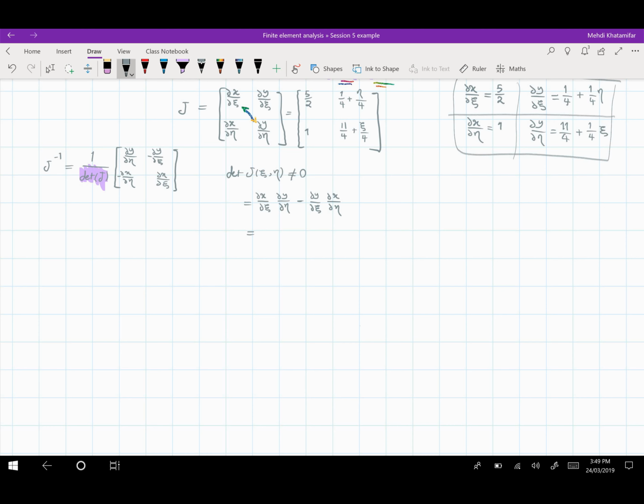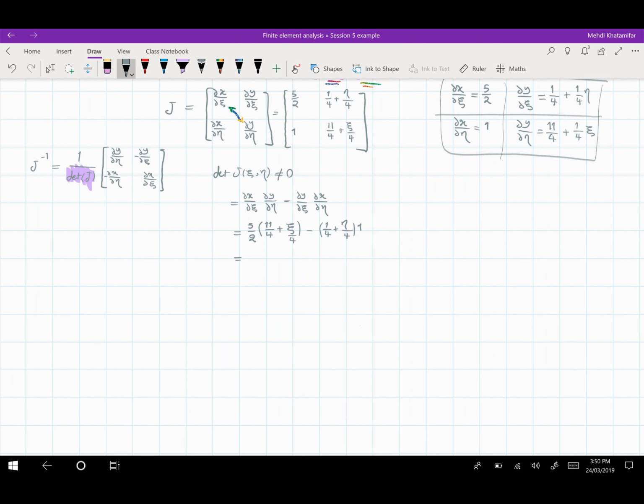Okay, let's put the values here. dx d psi is 5/2, dy d eta is 11/4 plus psi/4, minus dy d psi, which is 1/4 plus eta divided by 4, multiplied by dx d eta, which is 1.